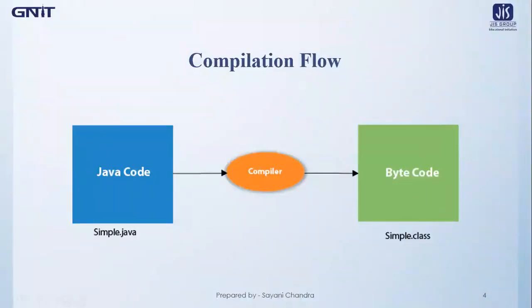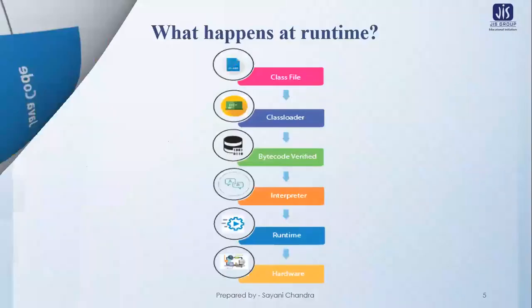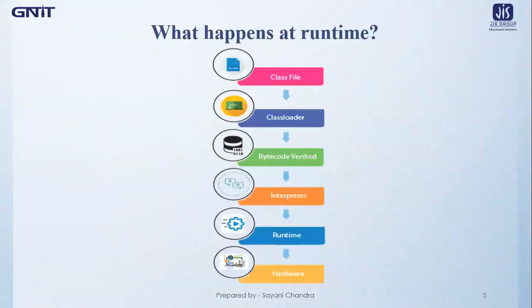So this is the compilation flow of the program, and after this bytecode is generated, it is taken by the JVM in order to execute it and to produce the output hello Java on screen. Next, let's move on to the concept of what happens at runtime.